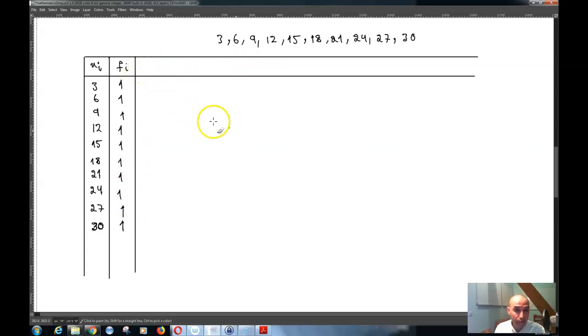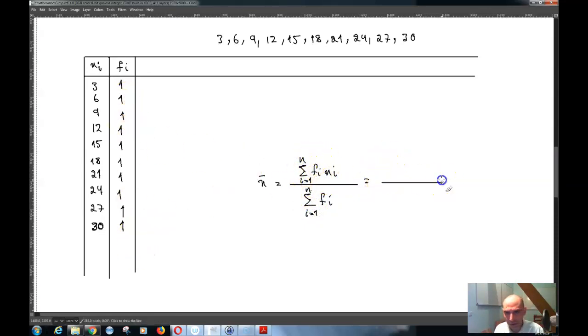And then you know that basically your x bar is equal to sigma f of i x of i divided by sigma f of i as i goes from 1 to n. Since all of your f of i's are equal to 1, you can write it as sigma x of i as i goes from 1 to 10.